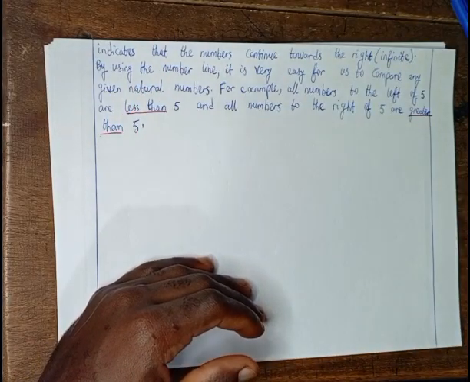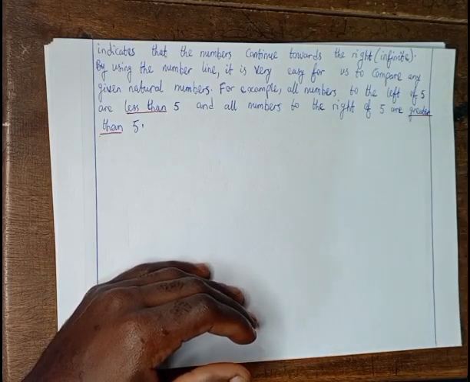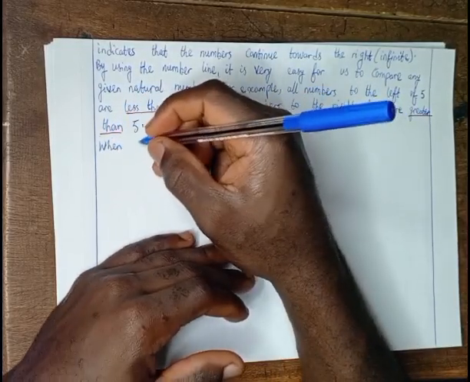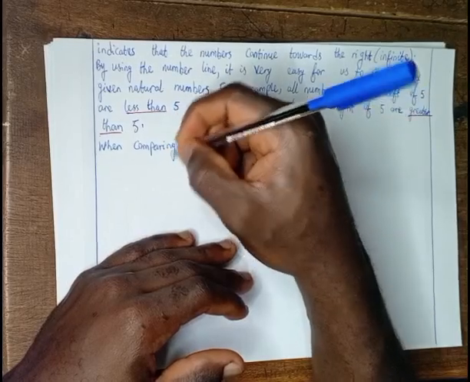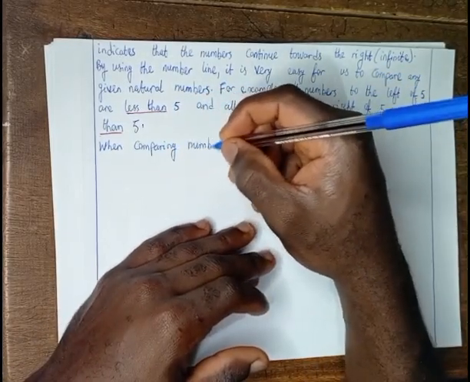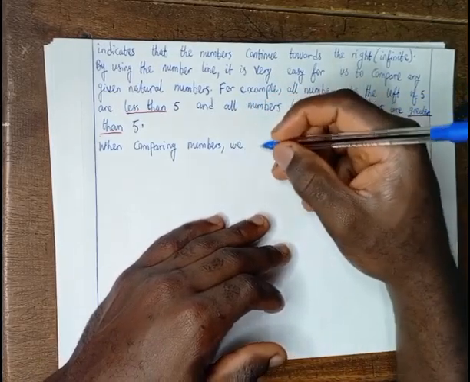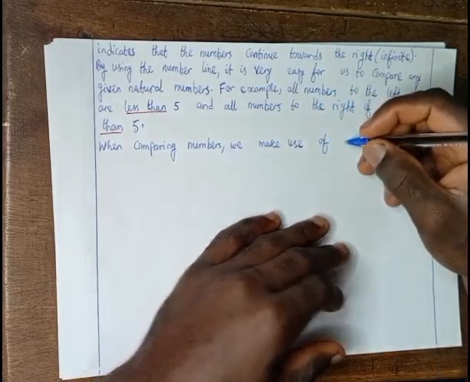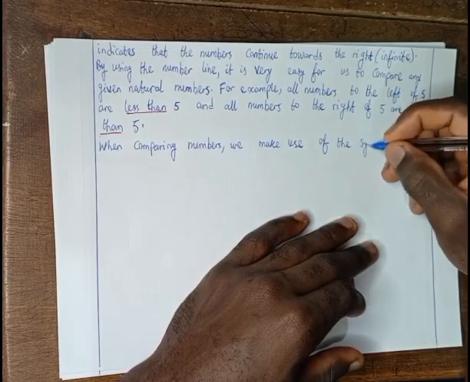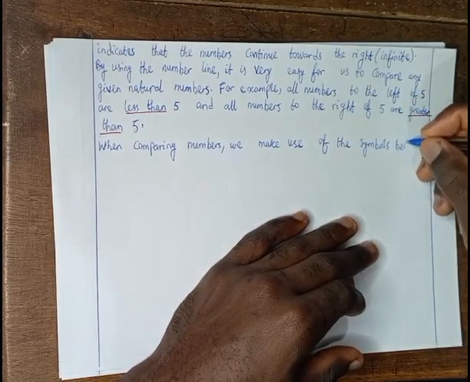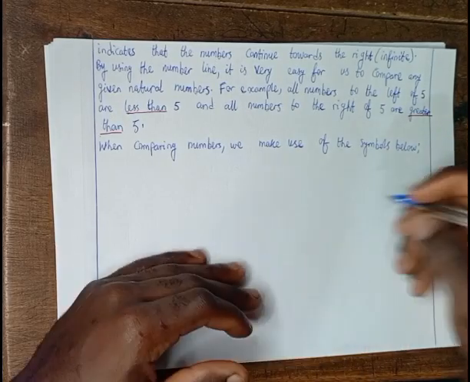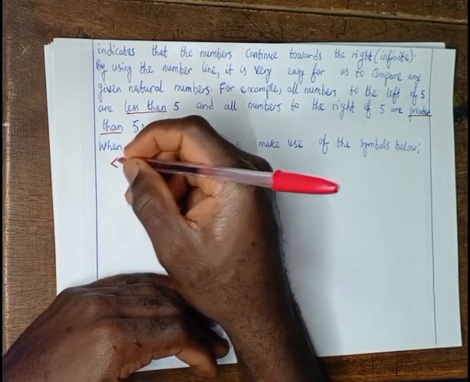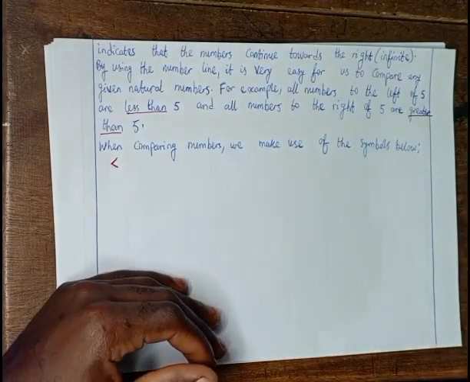Next, when comparing numbers, we make use of the symbols below. There's a symbol for less than. It looks like a V which is sleeping and facing the left hand side.